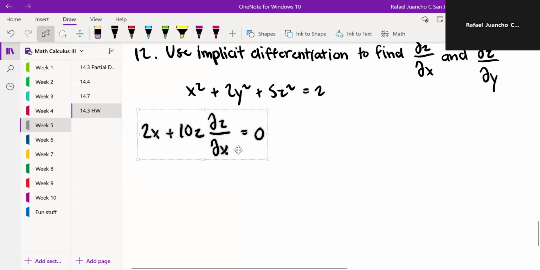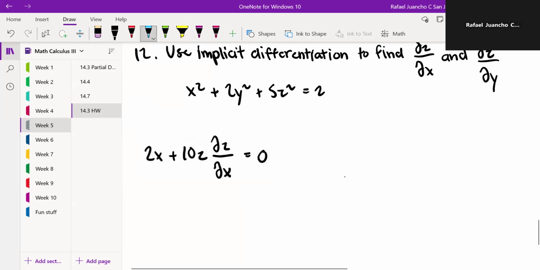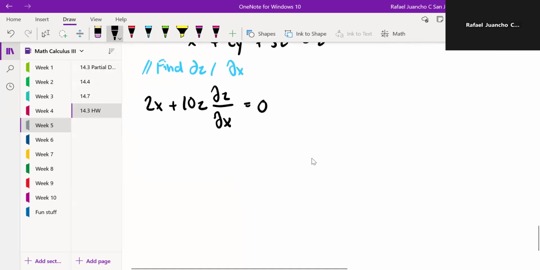Okay, let me put some highlights here. I'm gonna say find my partial with respect to x. Okay, and then what happens here? Well, now I isolate my partial, basically. Negative 2x, right?